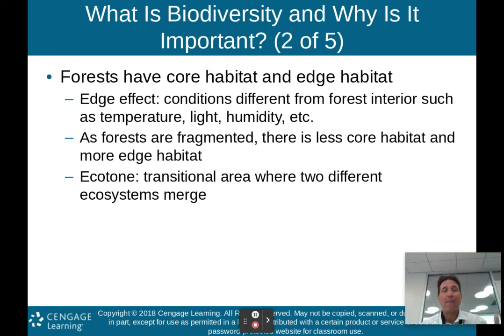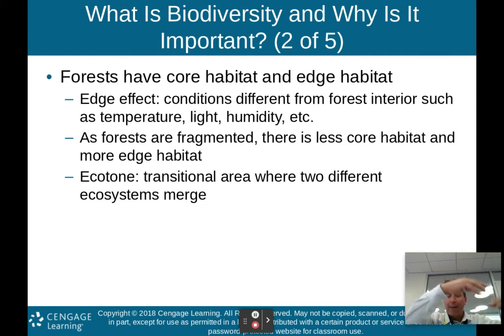So what's happening is, as forests are getting fragmented, and again, we'll talk more about this when we talk about the forest biomes, there is less core habitat and more edge habitat. You think about it, as you take a big forest and you cut it in half, right? Now all of a sudden the core has gone away and you have basically more edges, and then you cut those in half, right?